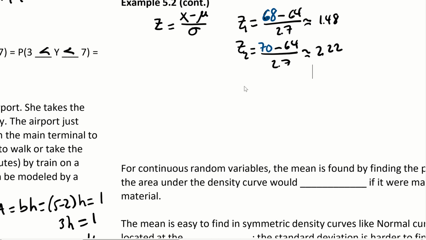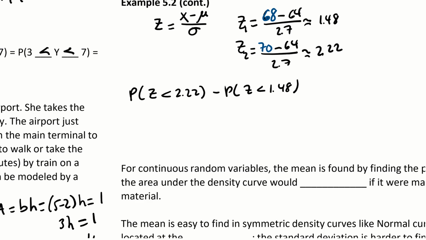All right, so now we're going to look these values up. If you want to find the area between two z-scores under the normal distribution, you have to look them both up and then subtract them, okay? So the probability between them, we basically look them both up and then subtract them.